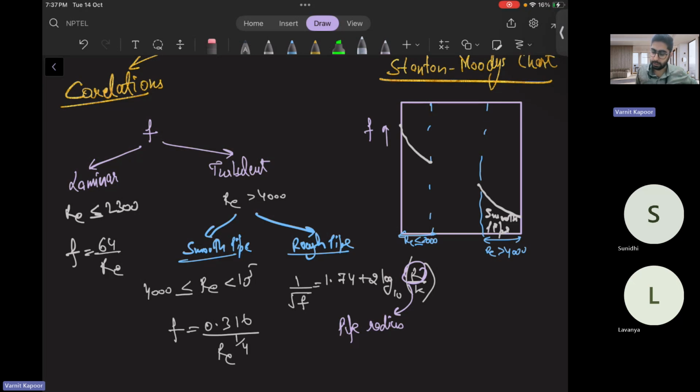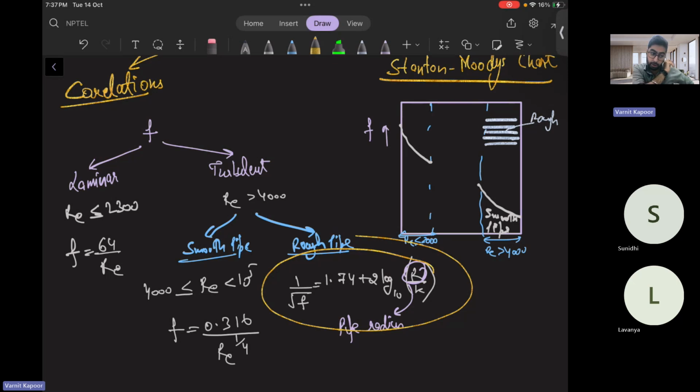Above that, suppose here it is near a rough scenario, a rough pipe. There is a concept of relative roughness, and in the rough pipe, friction doesn't depend on the Reynolds number. It is not a function of Reynolds number.